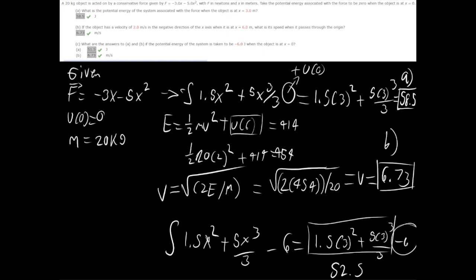Wait a second. No, it's asking for A when x was 3 meters. What are the answers to A and B if the potential energy of the system is taken to be negative 6 joules at x equals 0?